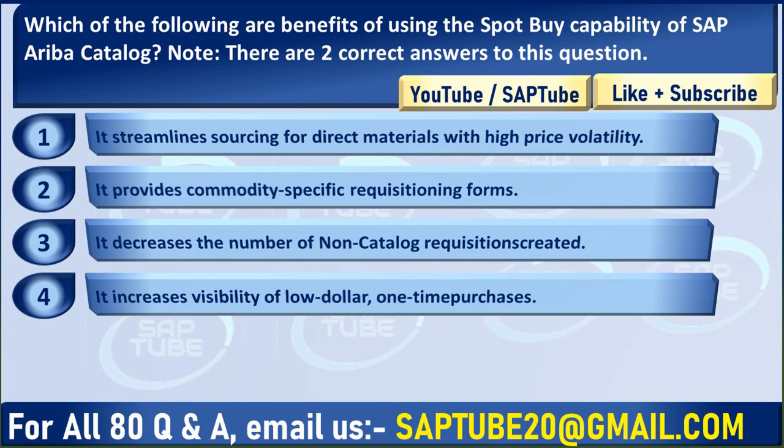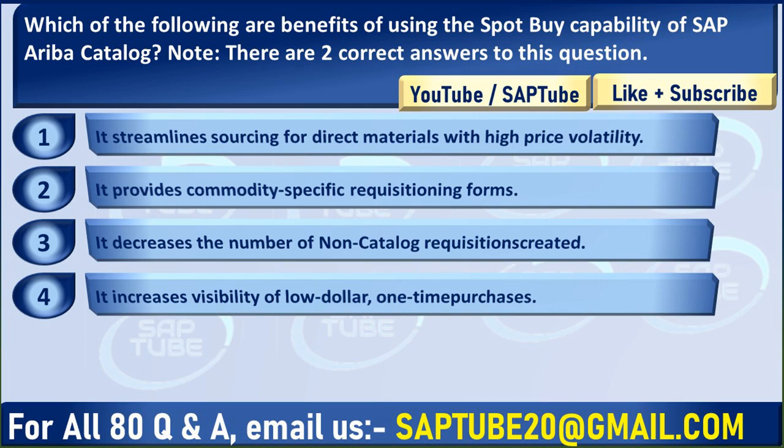Next question is: which of the following are benefits of using the spot buy capability of SAP Ariba Catalog? Note: there are two correct answers to this question. Options are: it streamlines sourcing for direct materials with high price volatility. It provides commodity-specific requisitioning forms.